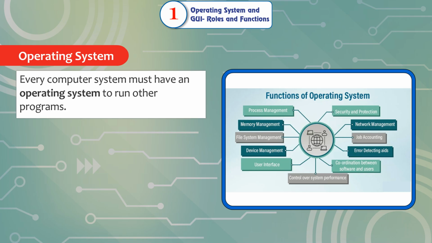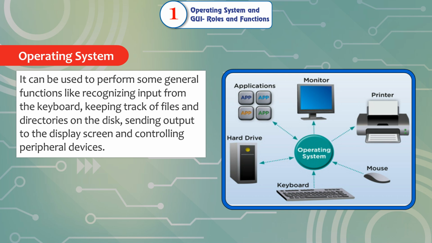Every computer system must have an operating system to run other programs. It can be used to perform some general functions like recognizing input from the keyboard, keeping track of files and directories on the disk, sending output to the display screen, and controlling peripheral devices.